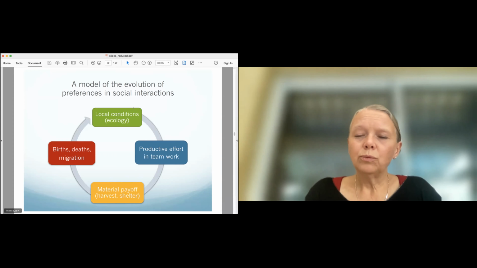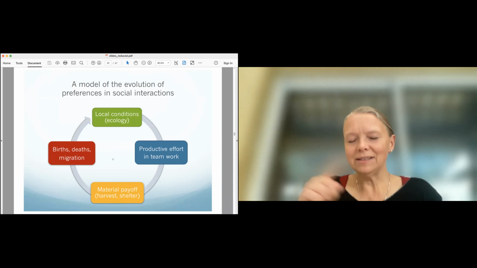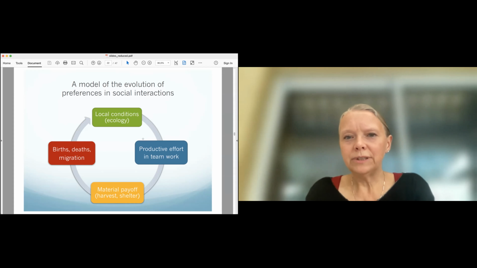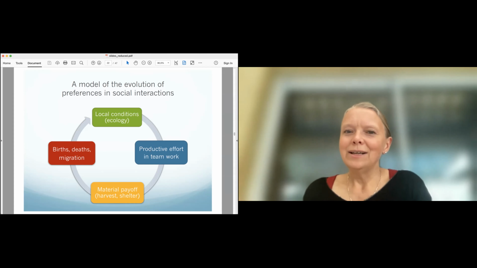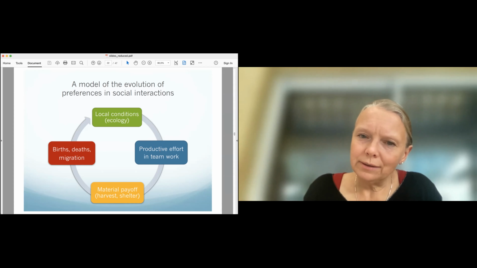So every year you would have these events, and in the longer term, the question is, the preferences that guide the choices here, which ones would have a long-term survival value?